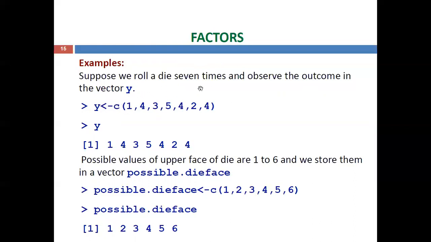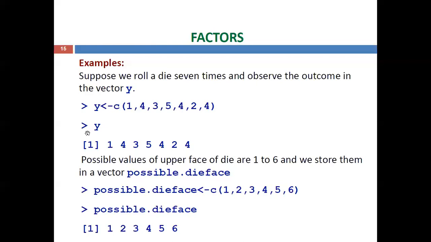For the 7 rolls, the possible outcomes are: first time the outcome is 1, second time 4, third time 3, fourth time 5, fifth time 4, sixth time 2, seventh time 4. So this is one set of possible outcomes that can be stored in y.